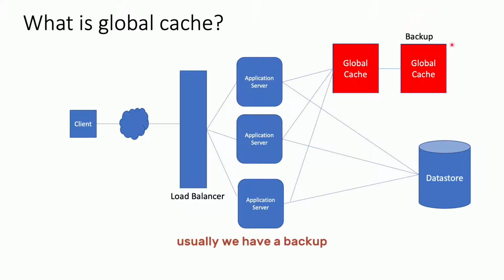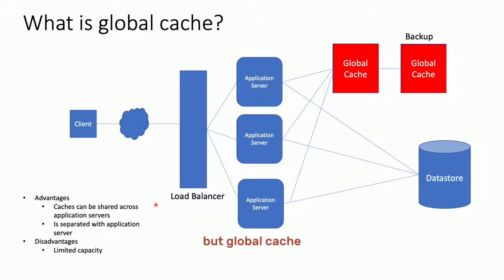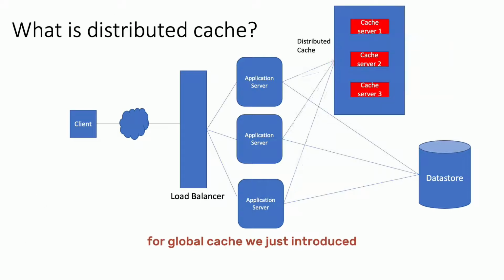Usually we have a backup global cache, so that if this global cache dies, the backup global cache can take over. But global cache also has its disadvantage. Its capacity is limited because it's just a single server. For global cache, we just introduced that the capacity is limited because there is only one cache server.